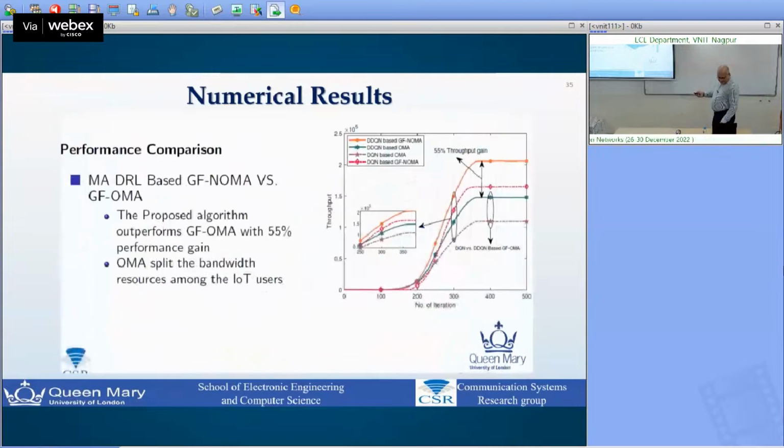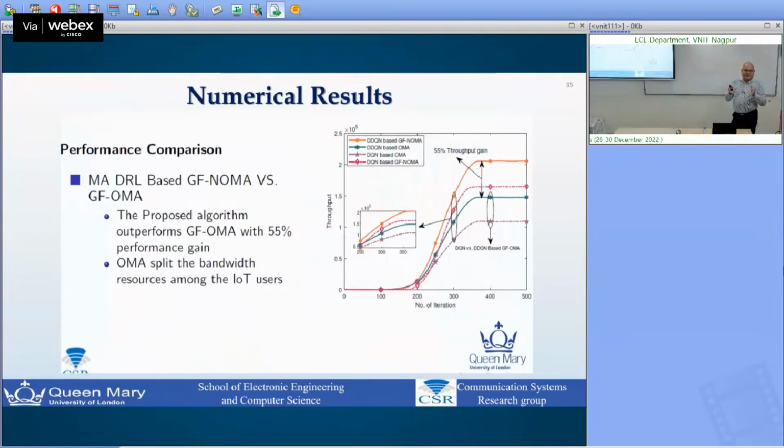Then we did the graph-free orthogonal versus non-orthogonal comparison. If you have orthogonal with fixed bandwidth, when you have more IoT devices, say it is 10 megahertz, for 10 devices we divide by 1 each.